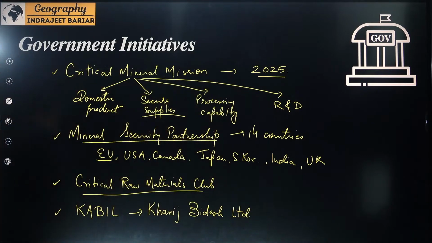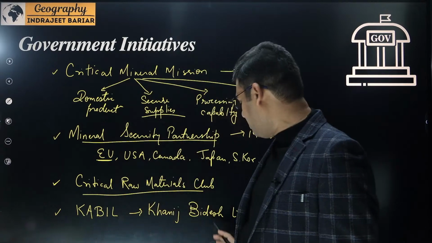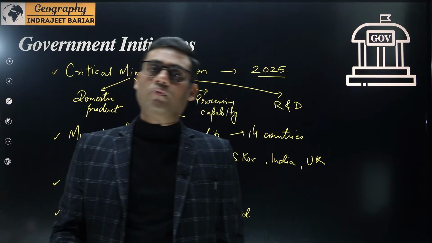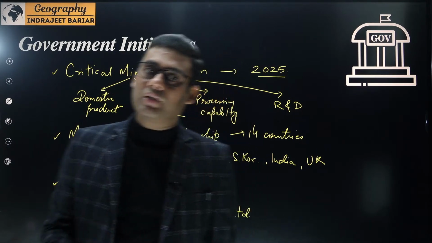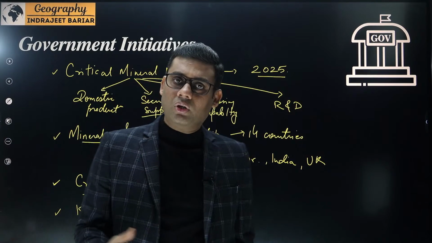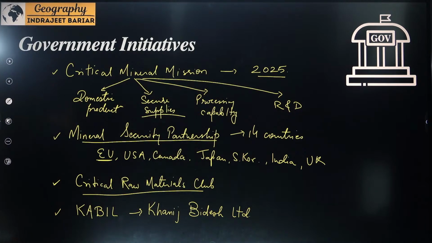Now, Khanij Videsh Limited is a joint venture between three state-owned mineral companies, and basically the idea is to secure the supplies. As the name suggests, this has been created to take care of securing our supplies overseas, where we will get the rights to explore as well as to extract the minerals in foreign lands.